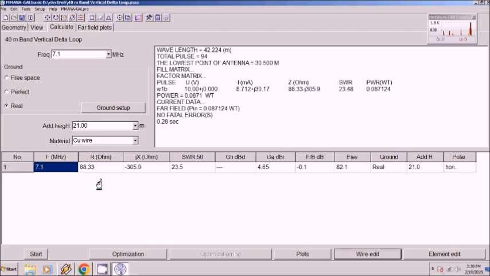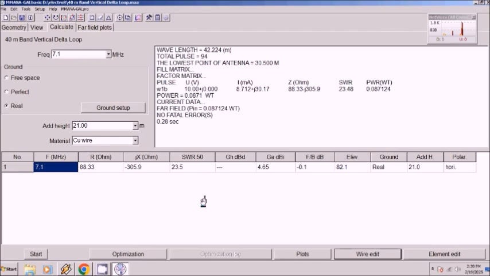So this is still very far. The third problem is the JX here, minus 305.9. The characteristic reactance of commonly used coaxial cable like RG58 or RG8 is 0. So this is very far.